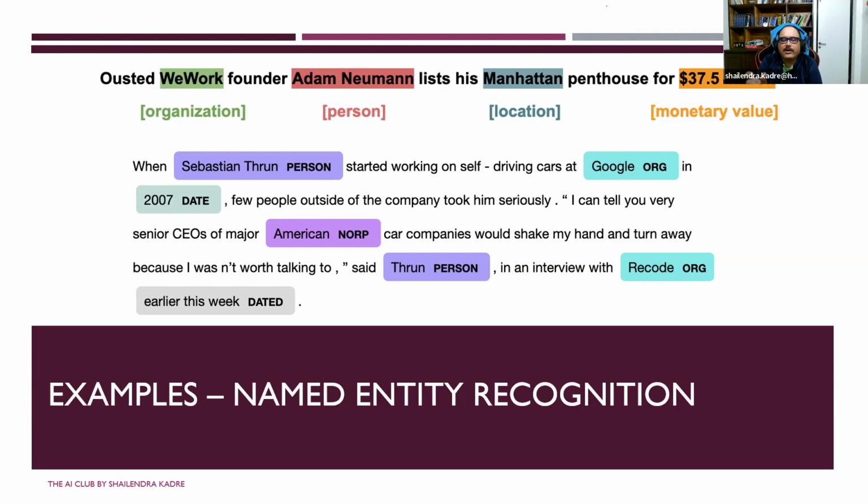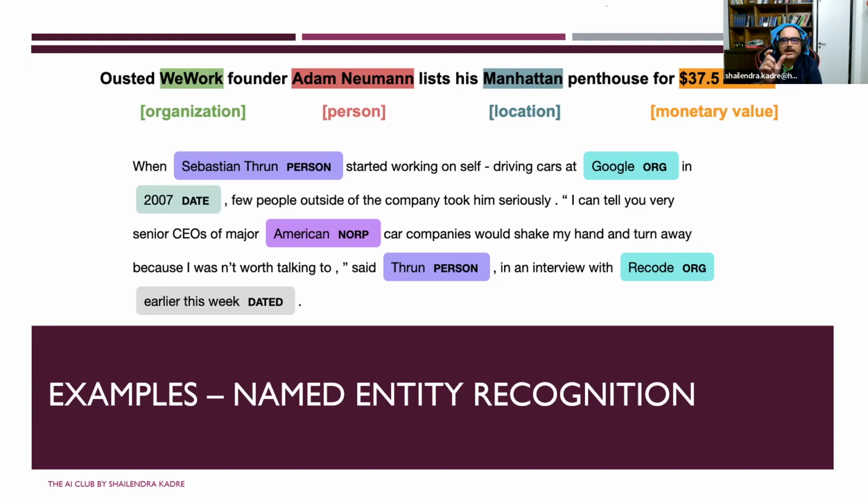Then Recode is some kind of organization, maybe a news agency which took the interview of Sebastian. So Recode is again an organization, and earlier this week is again representing a date. So these kinds of entities we are extracting out of our paragraph. Now it is very clear what kind of entities we are going to extract out of our sentences.